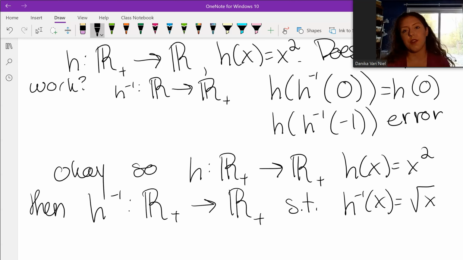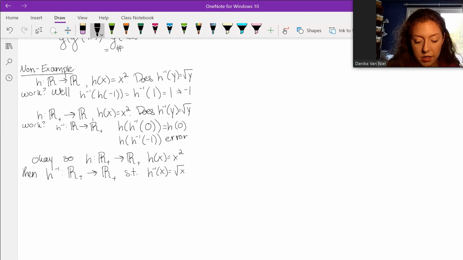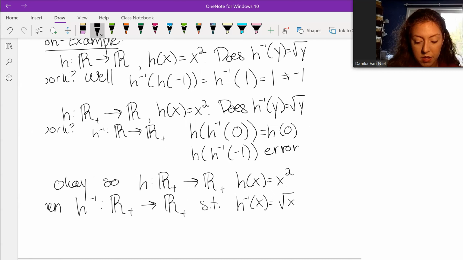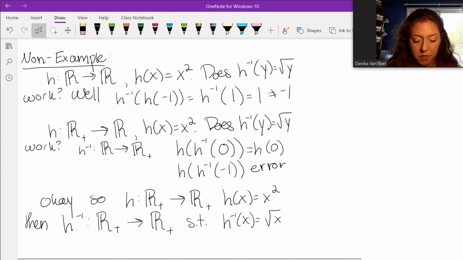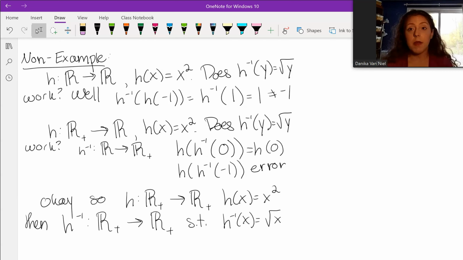So that does work. We really do need it to be injective and surjective. The second problem that we had here was that h was not surjective. Our codomain and our domain matter a lot. Great. So try doing the proof of why that does work on your own. I'll see you next time.